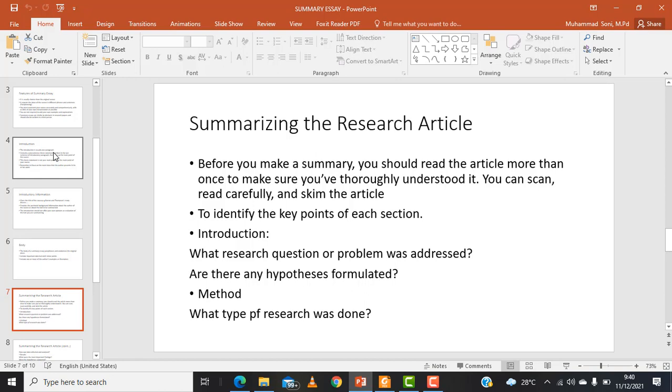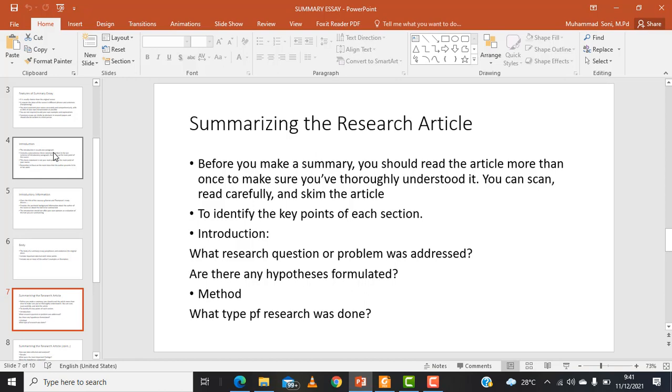I think for all kinds of summary, whether it is a movie, book, novel, or maybe a scientific article, the first thing you have to do, if it's a movie, is watch it until it finishes.